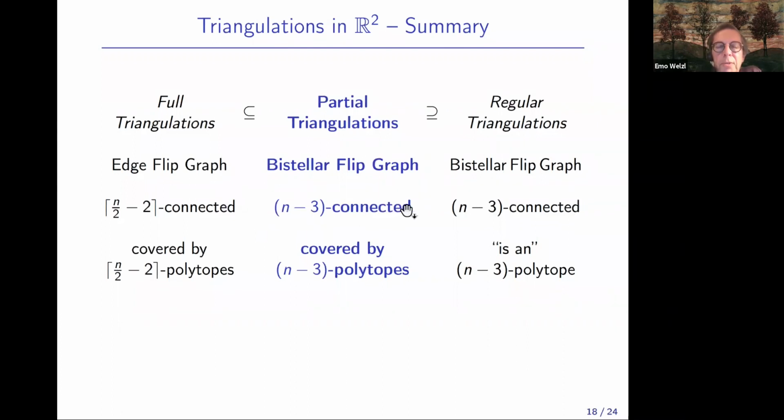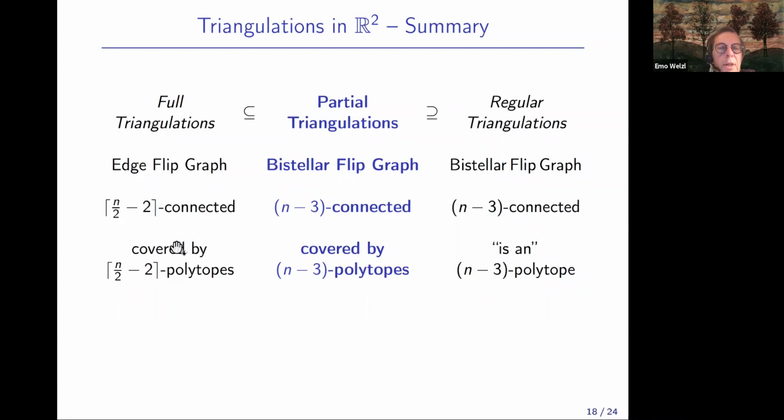We showed this graph here is also n-3 connected. I should emphasize that not only does this obviously not follow from the n-3 connectivity of the regular triangulations, but there's also no implication in the other direction. From the n-3 connectivity of the bistellar flip graph of partial triangulations, we don't get this for the regular triangulations.